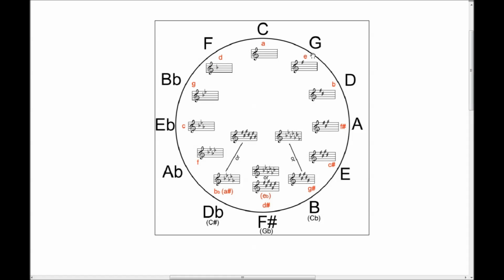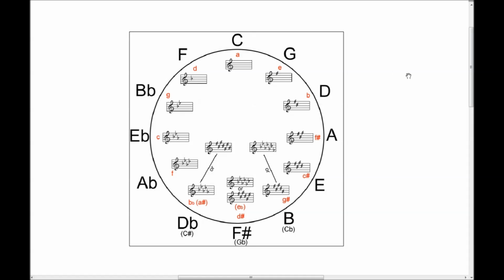Also, if we move around the circle, we have the G major scale. On the inside of the circle is its relative minor, and that is the E minor scale. If we move around the circle again, we have the D major, and on the inside of the circle is its relative minor of the B minor scale. So if we go all around for our 12 notes, we can find all of our relative minors.